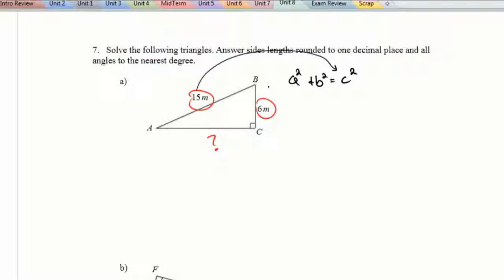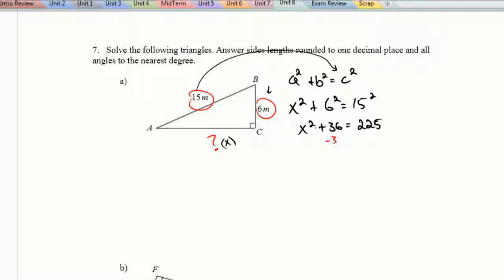So I have this guy, and maybe I'll just call this x because I don't know what it is. So I'm going to go x squared plus 6 squared is 15 squared. X squared plus 36, 15 squared is 225, I believe. Yes, it is.